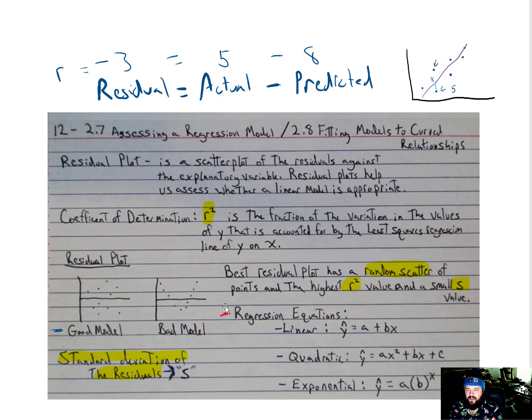The quadratic, which we found fit our example very well, is y hat equals ax squared plus bx plus c, of course, the typical quadratic equation. And the exponential, typical exponential equation as well, but it's y hat equals a times b to the x power.